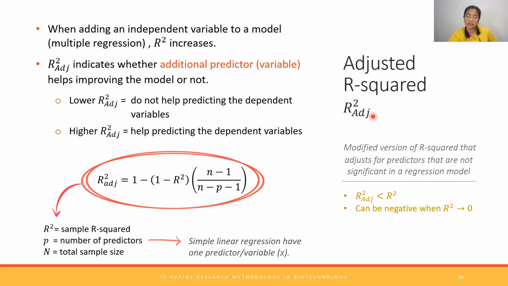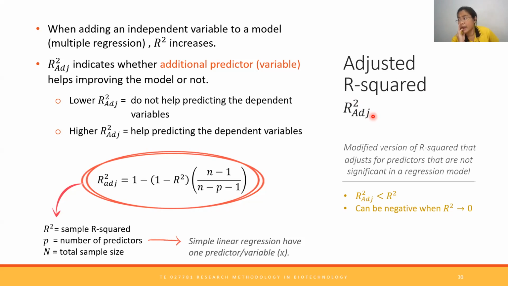Some of the research, some of the data, you get a very close adjusted R-square and R-square, but in some papers the adjusted R-square is different from R-square.